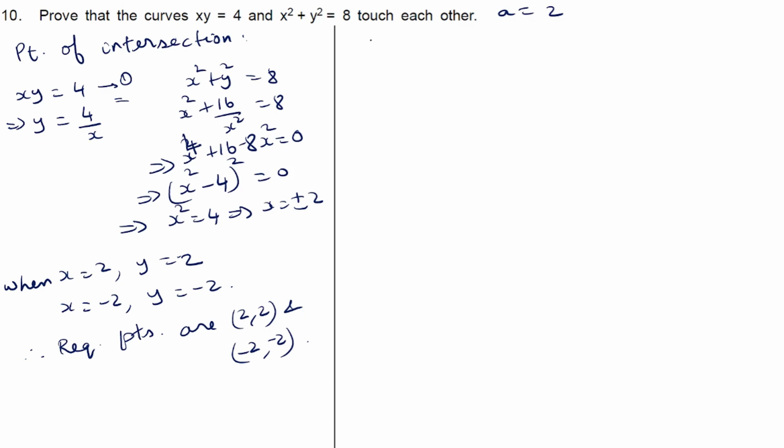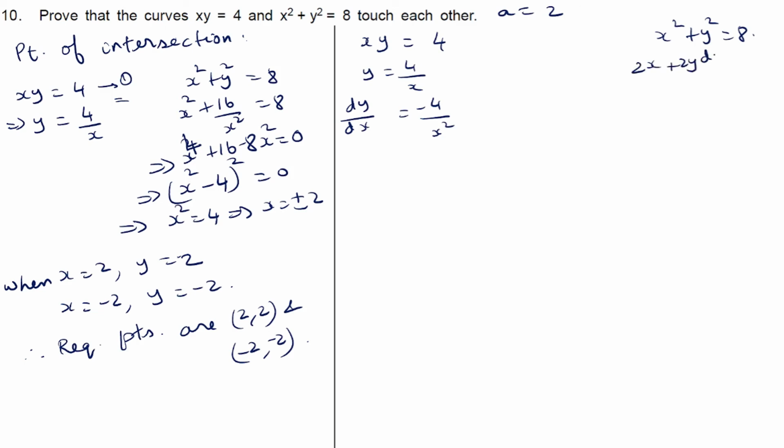So for that, first let us find dy by dx. We have xy equal to 4 and x square plus y square equal to 8. So here y is equal to 4 by x, so dy by dx is equal to minus 4 by x square. Here, when we differentiate the circle, we get 2x plus 2y dy by dx equal to 0, or dy by dx is equal to minus x by y.